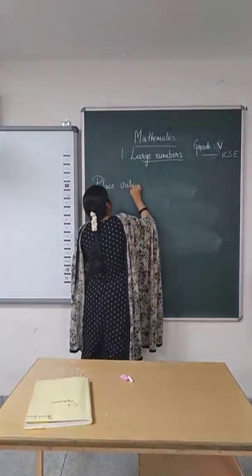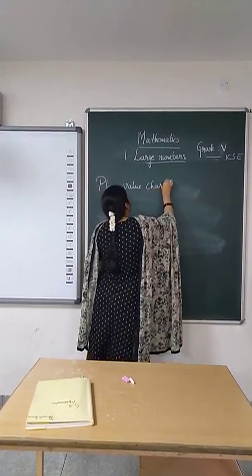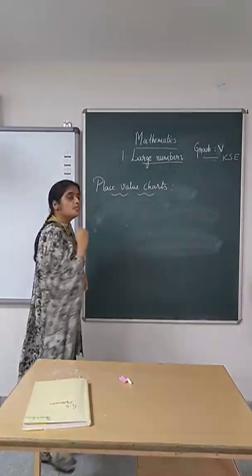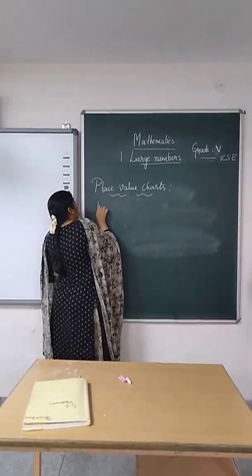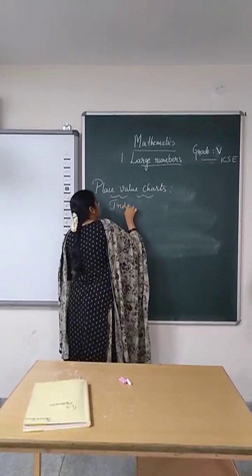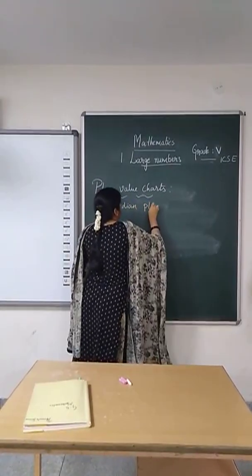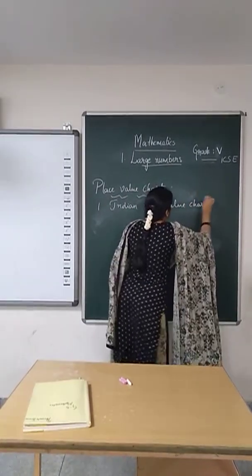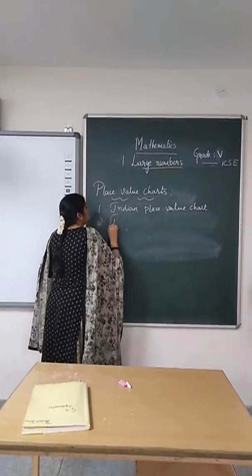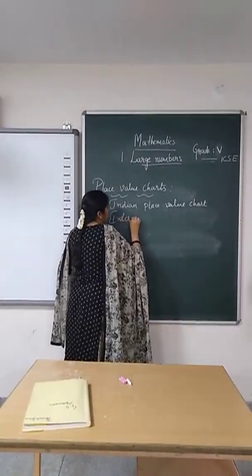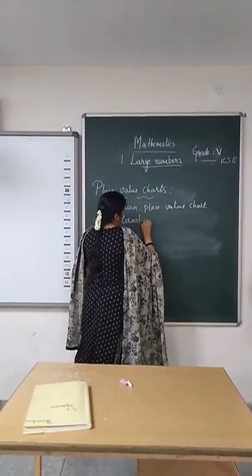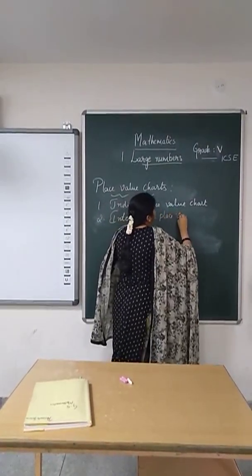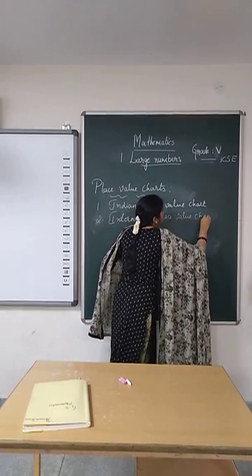Place value chart. Children, we have two place value charts. One is the Indian place value chart and the second one is the international place value chart.